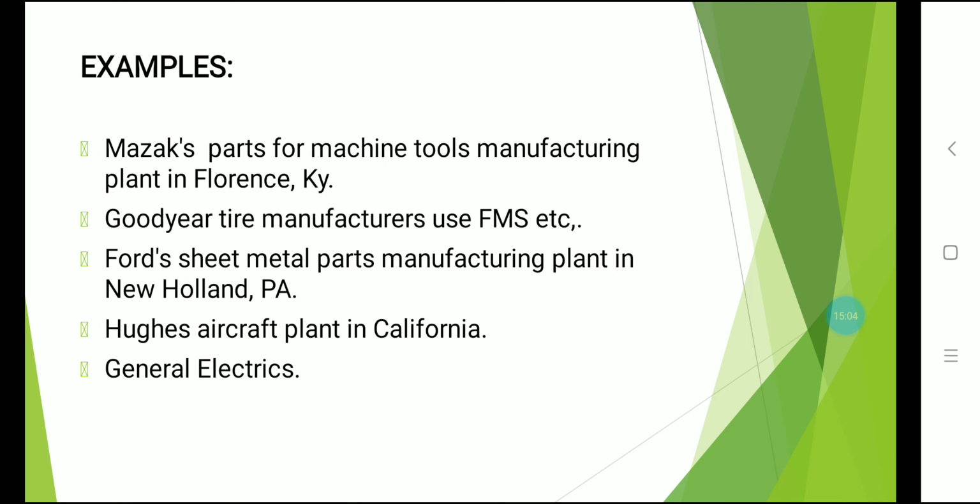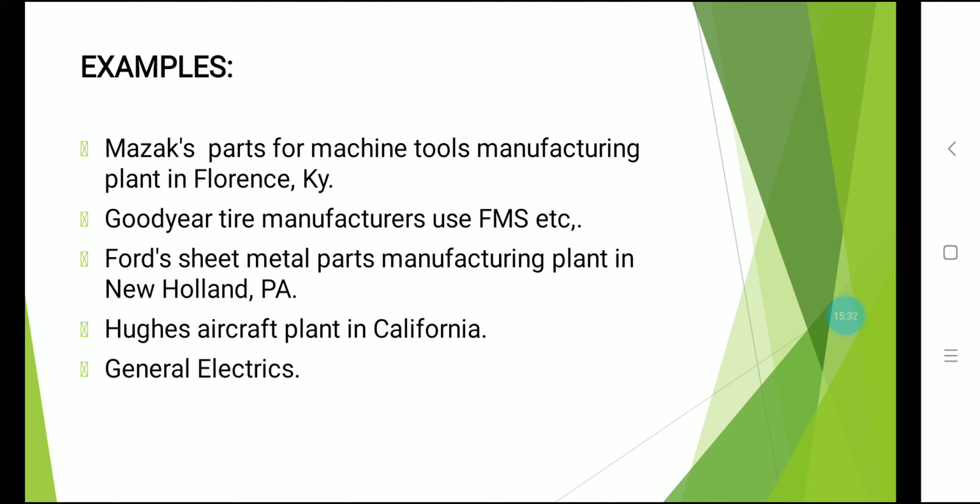Next, examples of flexible manufacturing system. The first one is Mazak's machine tools manufacturing plant in Florence. Next is Goodyear tire manufacturing, which uses the flexible manufacturing system.